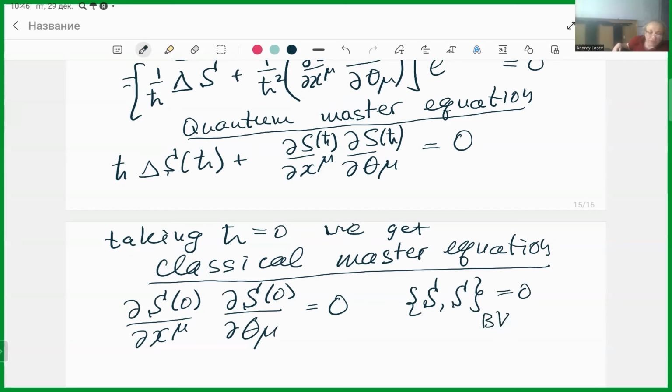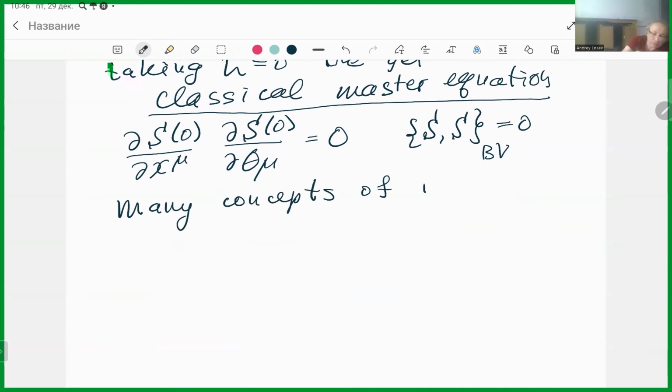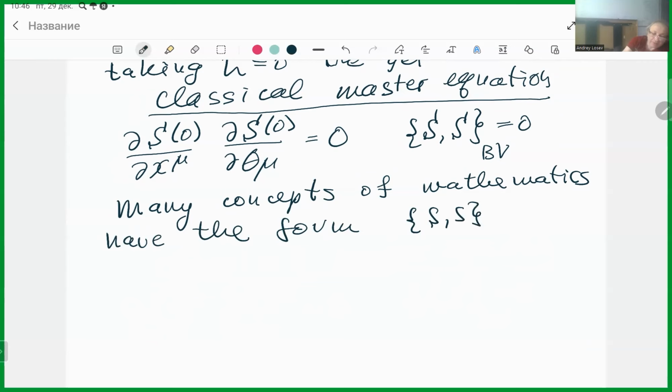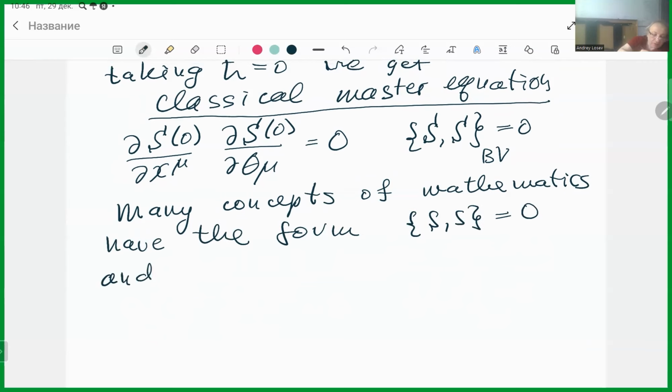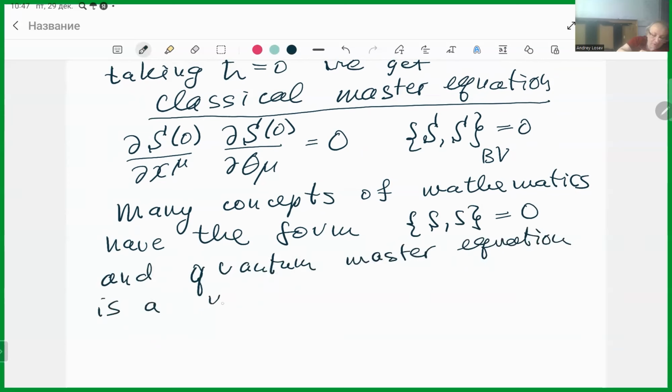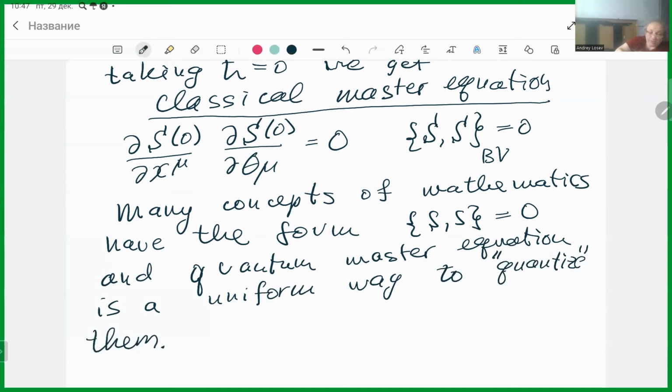It is important since many concepts of mathematics have the form SS equals to 0. And the quantum master equation is a uniform way to quantize them. We will discuss it next time.